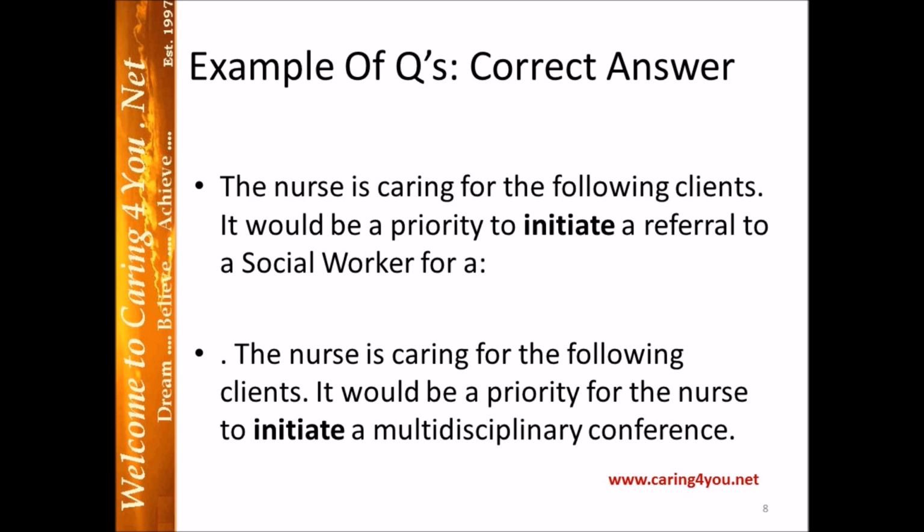If this said it would be a priority to initiate a referral to a nutritionist, then pick the correct answer that is in the scope of practice for the nutritionist. You're not necessarily doing the referral. You have these clients who need a social worker, a nutritionist, a physical therapist. Whatever the case may be, pick the answer that's in that person's scope of practice.